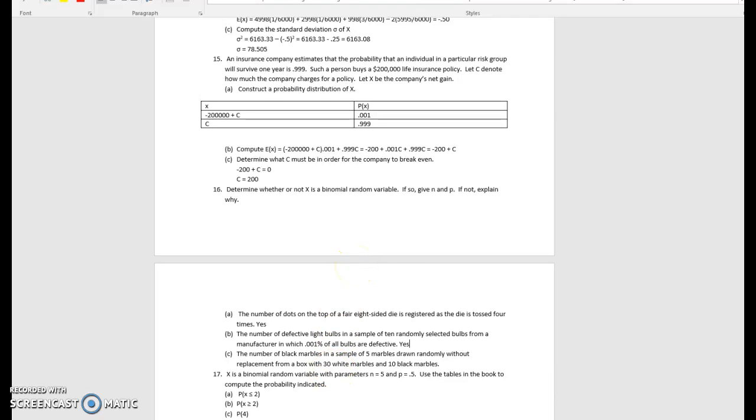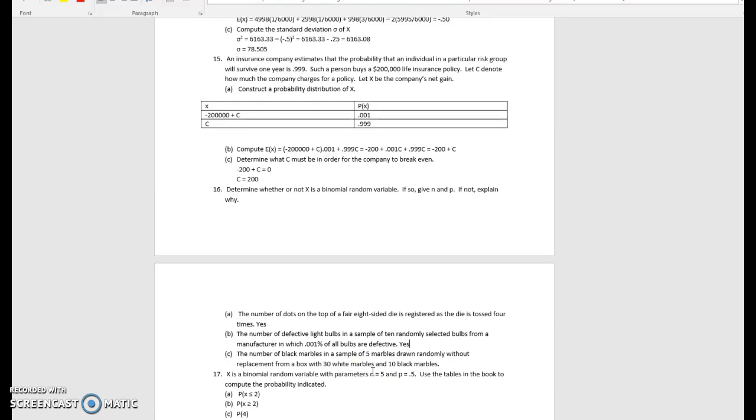The number of black marbles in a sample of 5 marbles drawn randomly without replacement from a box with 30 white marbles and 10 black marbles. Now, let's think about this without replacement. The first time I draw a marble, my chance of getting a black marble is 10 marbles out of 40 in the entire box.